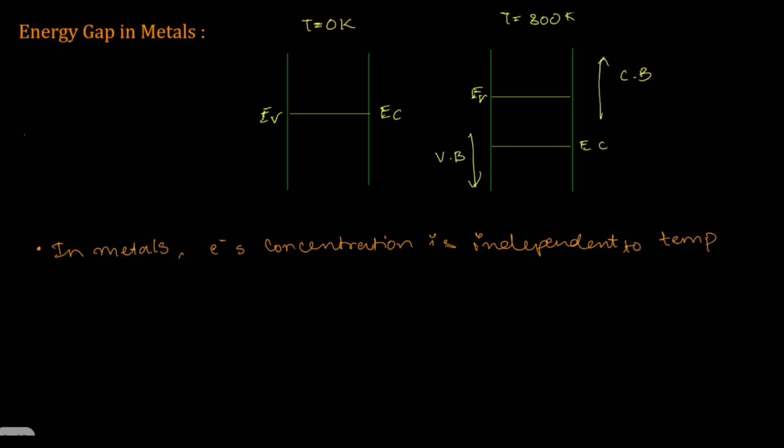As temperature increases, the valence band and conduction band overlap each other, and this overlapping increases. If I increase my temperature beyond 300 Kelvin, the valence band will go upwards and the conduction band will come downward, so conductivity further increases in metals.